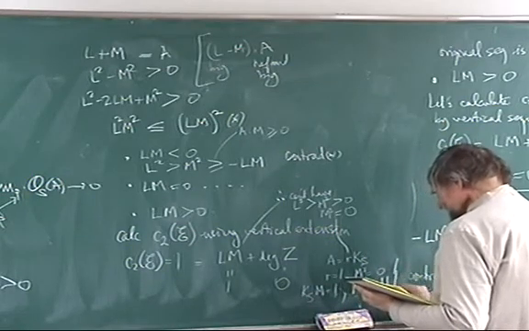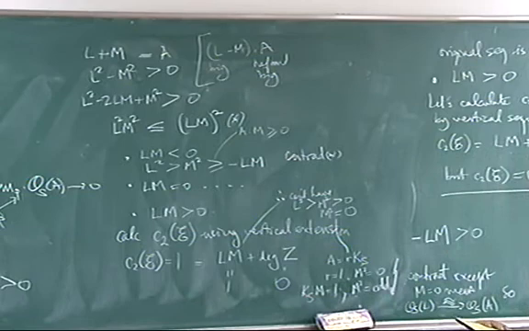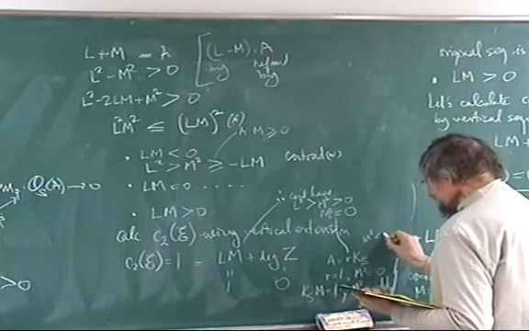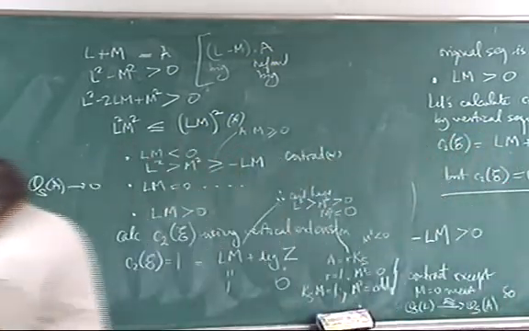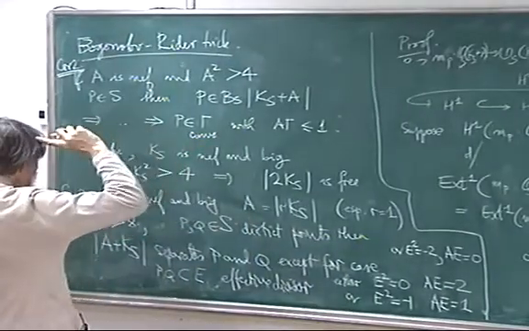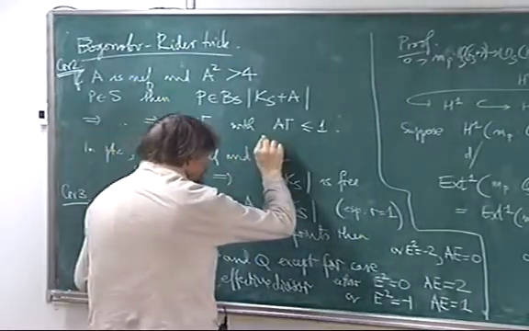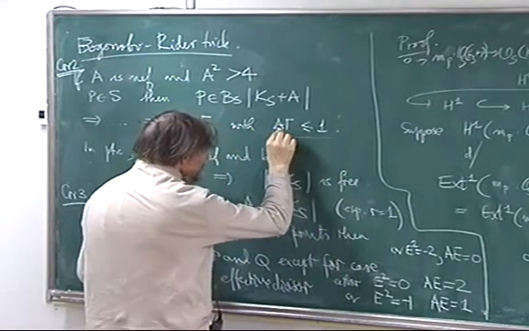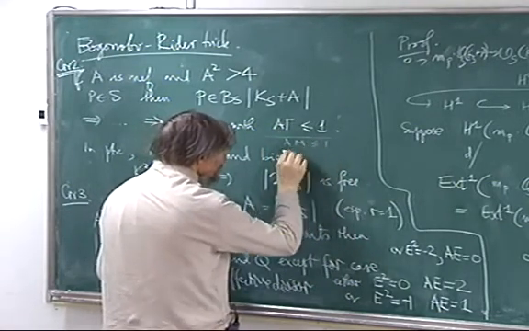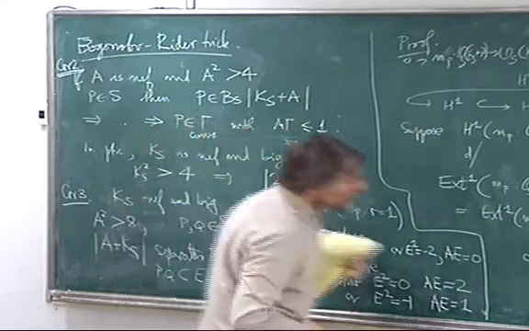And this is a contradiction. And so the remaining possibility is that M squared is less than 0, and that's the conclusion. I've already got this conclusion: A times M is less than or equal to 1 in my argument.